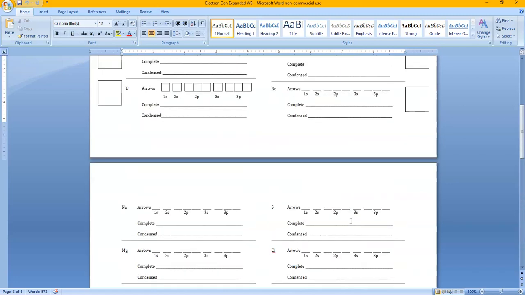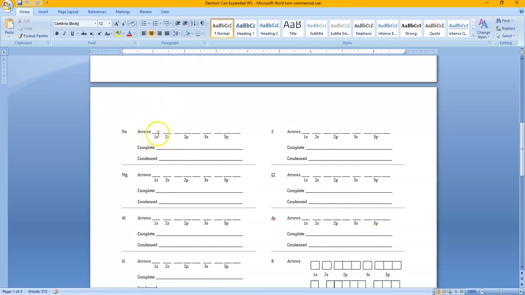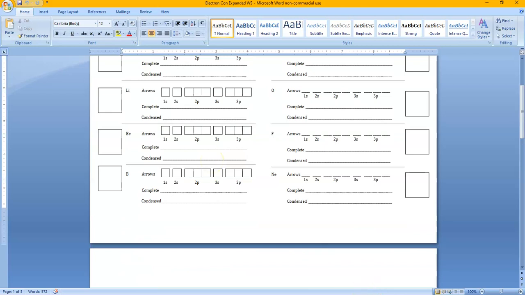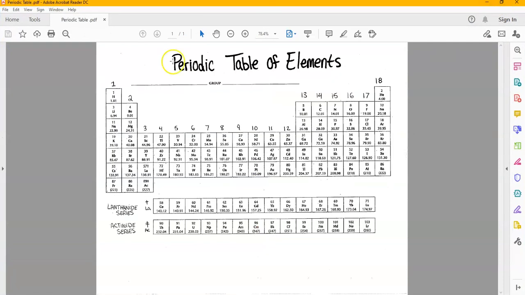So if you look at this practice sheet, I have all of the places written out so you can draw out the arrows and then write out the electron configurations. And it'll help you because then when you look at the periodic table, you'll be able to just spout off electron configurations just by looking at the periodic table and walking them across. But for the beginners, it always helps to draw things out.